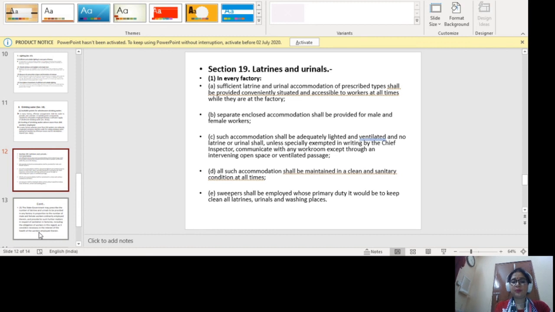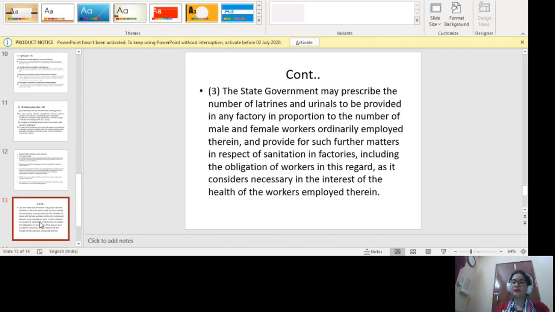A proper sweeper should be employed for the cleaning of such urinals, and the state government prescribes the number of latrines and urinals to be provided in any factory in proportion to the number of male and female workers ordinarily employed therein, and provides for such further matters in respect of sanitation in factories, including the obligation of workers in this regard, as it considers necessary in the interest of the health of the workers employed there.